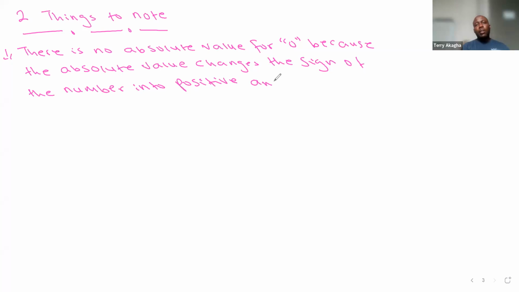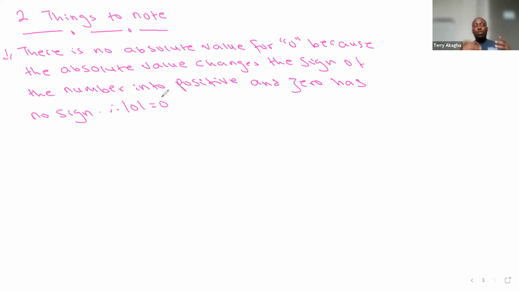And as you know, 0 has no sign. So the reason I'm writing it down is so that in case you're taking notes, you know what to write, okay? So that means, first thing, there is no absolute value for 0 because 0 has no sign, all right?